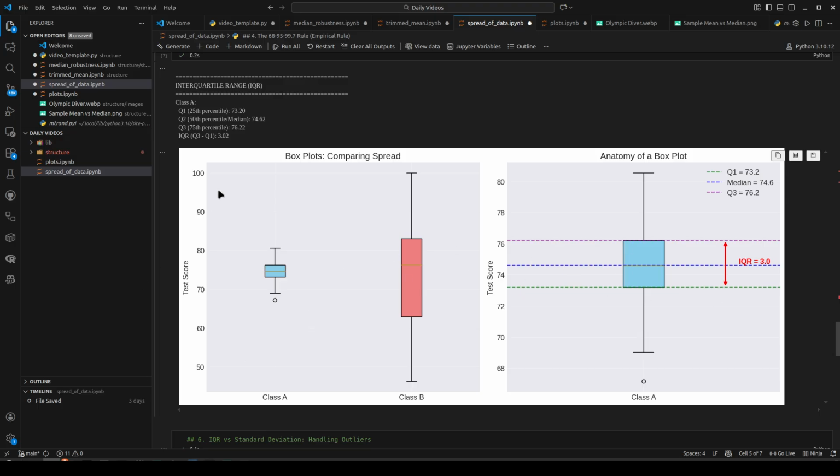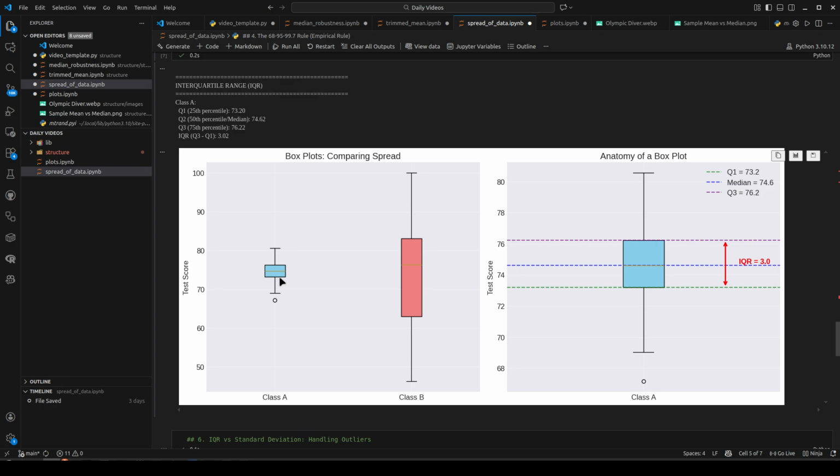So in this case, we have what's called a box plot, which, as mentioned over here, looks at Q1 right here, and then Q3 up here, and then we have the median over here. And when we compare the spreads of the data for class A and class B, the box plot, similarly to variance and standard deviation, can give us a good indication of how spread out it is.